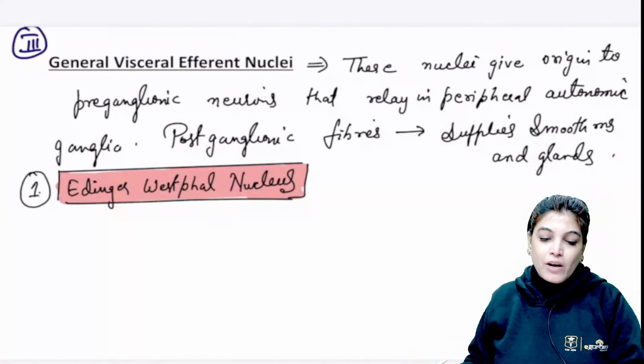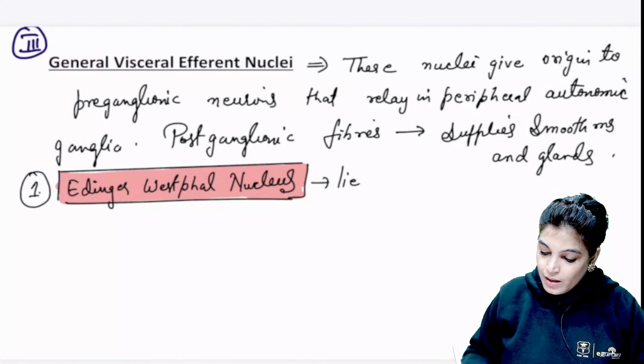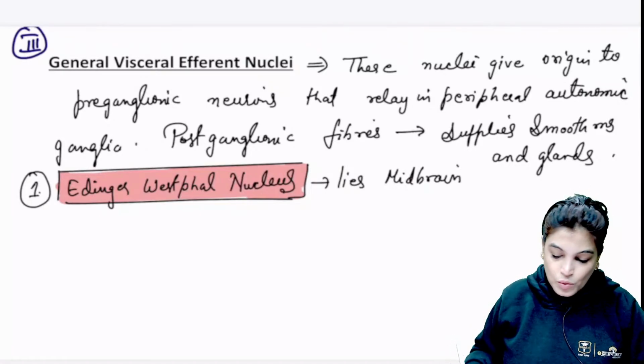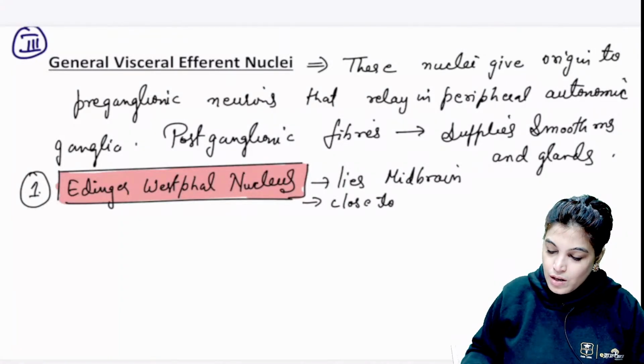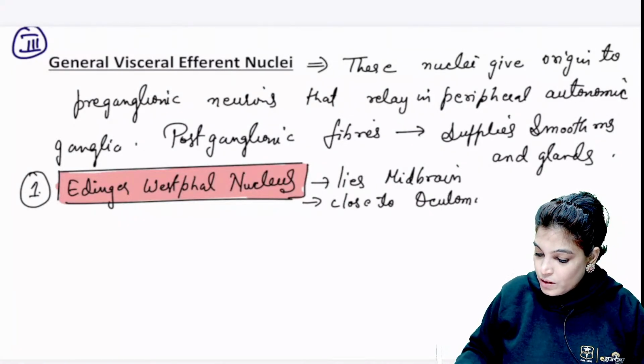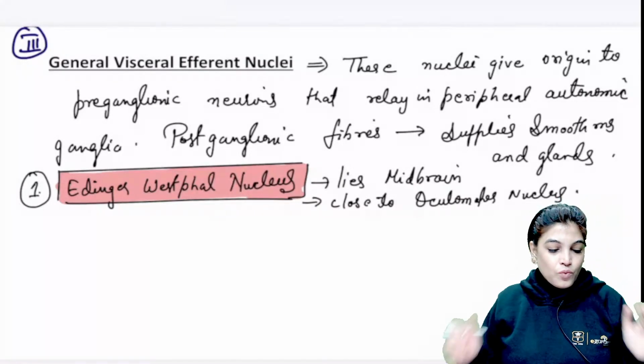When I am talking about the Edinger-Westphal nucleus, it lies in the midbrain, close to the oculomotor nucleus. And what is its function?